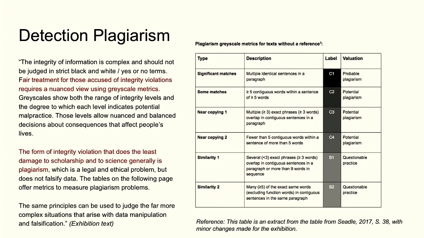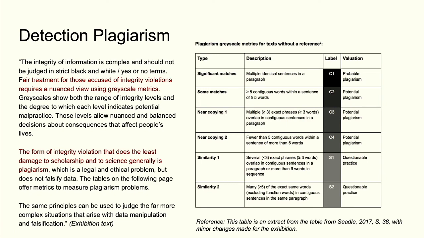Plagiarism detection is, I said, a difficult area because we need to treat people fairly. And in one of my books, Quantifying Research Integrity, I propose a scale that gives you not just black or white, this is plagiarism, that isn't plagiarism, but a grayscale analysis.